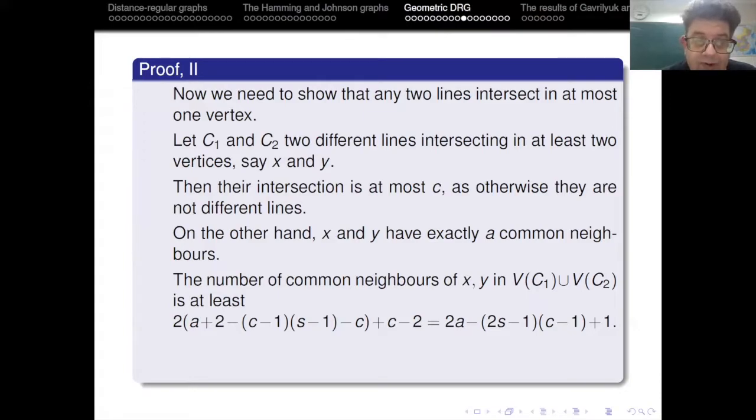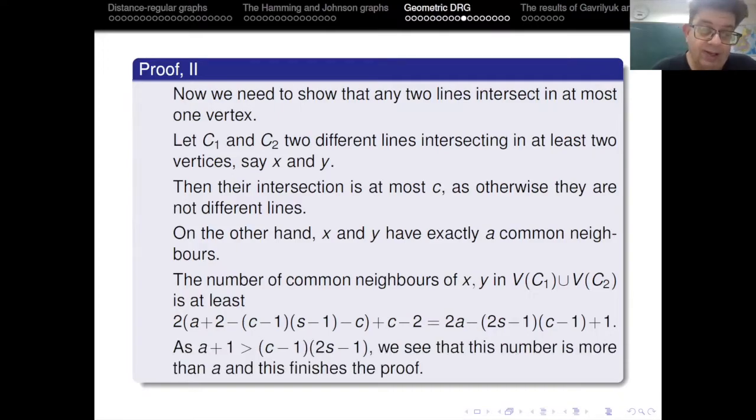The number is at least 2(a+2-(c-1)(s-1)). The order of C1 and C2 is both at least this. And we subtract c from it, because we want to remove the intersection. And then we add c-2, because that is the maximal. It cannot be less than this number. This is 2a - 2(s-1)(c-1) + 1.